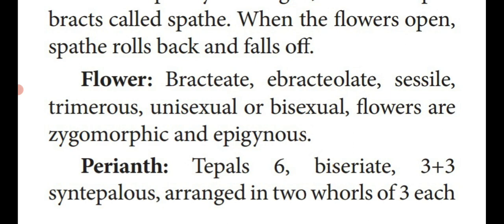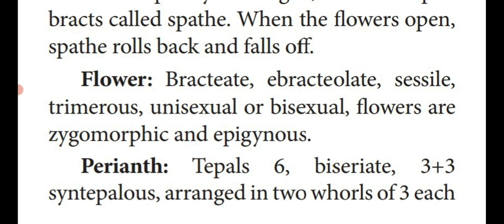Petals are 3, trimerous. If you take a banana flower and look at the tip, it looks like it has 3 divisions. Unisexual or bisexual. Flowers are zygomorphic and epigynous. Perianth, tepals are 6, in 2 whorls, each 3 in 1 whorl.